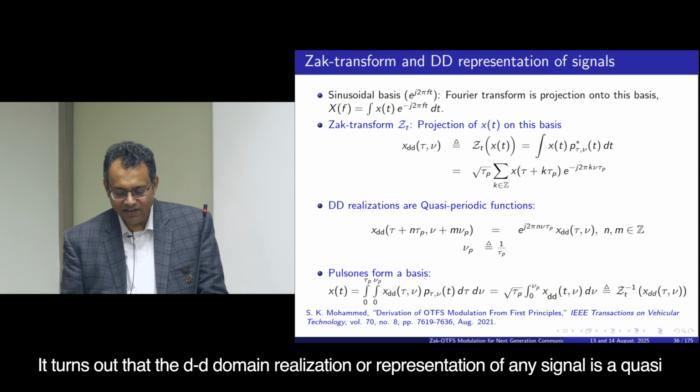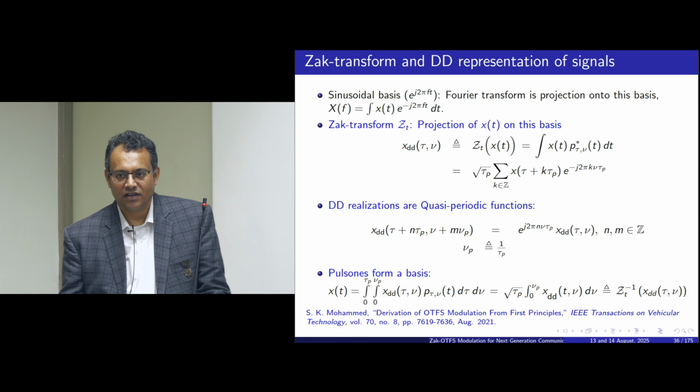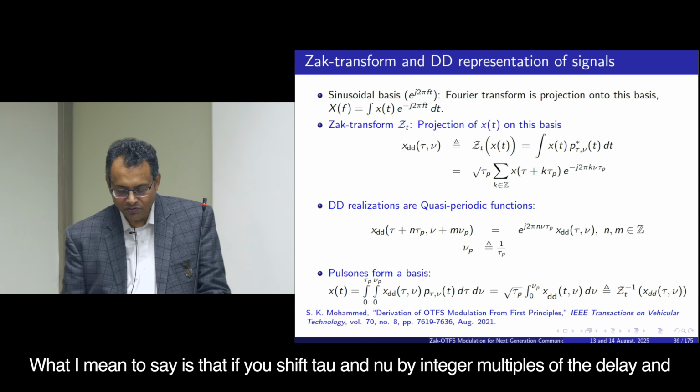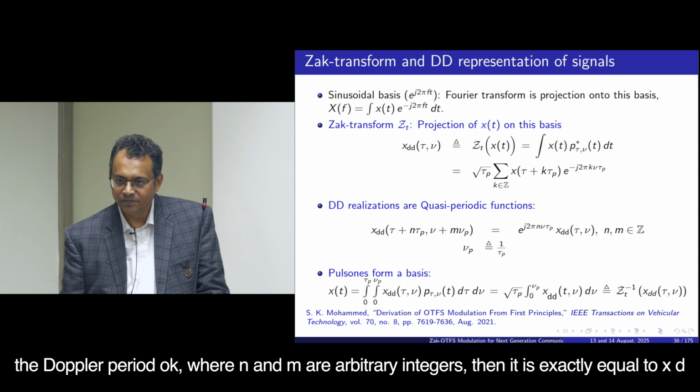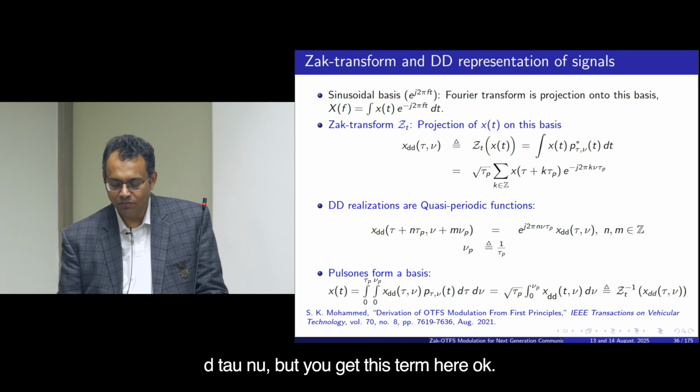It turns out that the DD domain representation of any signal is a quasi periodic function in the delay Doppler domain. What I mean to say is that if you shift tau and nu by integer multiples of the delay and the Doppler period, where n and m are arbitrary integers, then it is equal to x dd tau nu, but you get this term here.